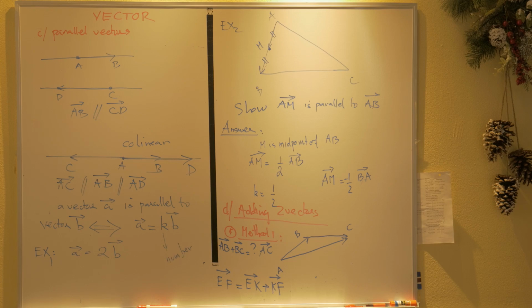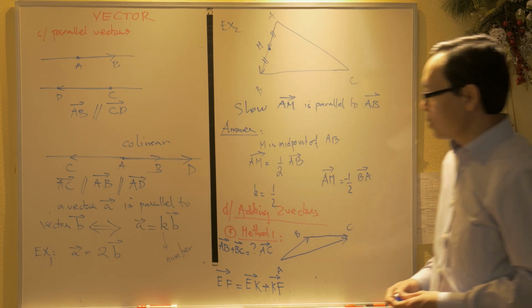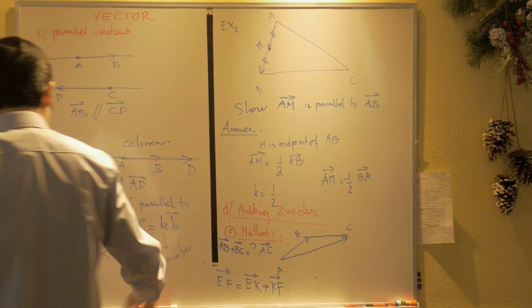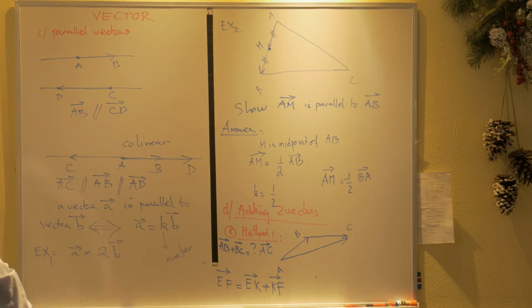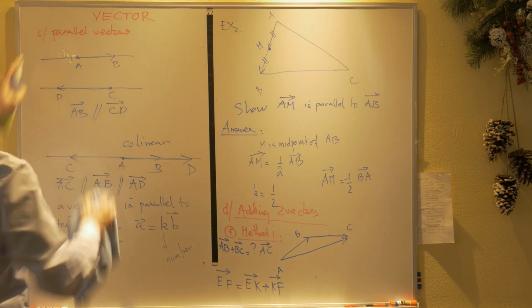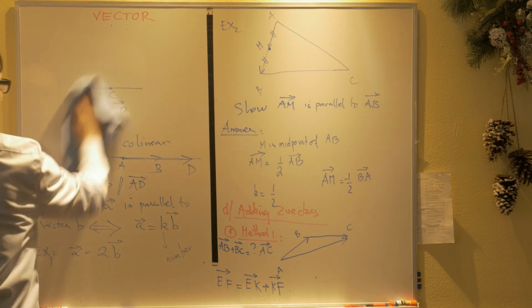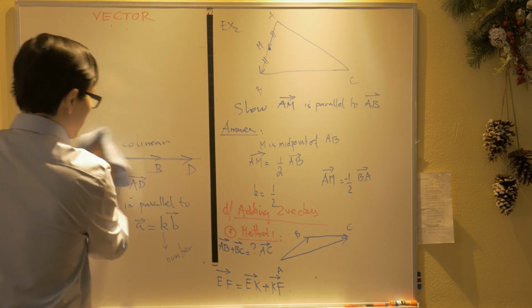A second method to add two vectors together uses the parallelogram rule. Actually, the parallelogram rule is deduced from the first method.